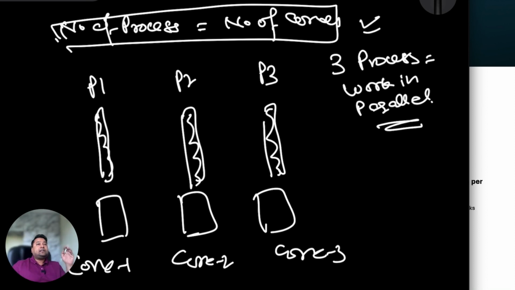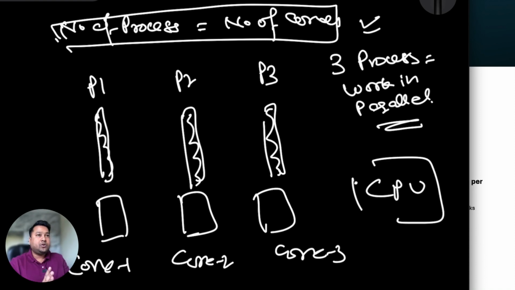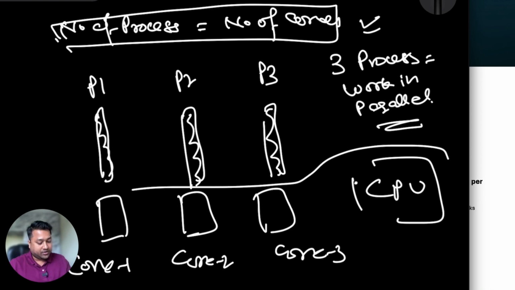When I say these 3 processes can work in parallel, that also means that none of the processes has to wait for anything, right? So your CPU can dedicate its time, because it's part of all the CPU.